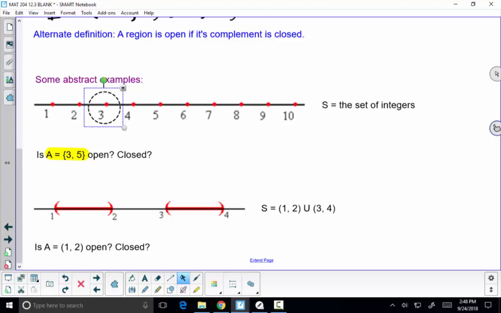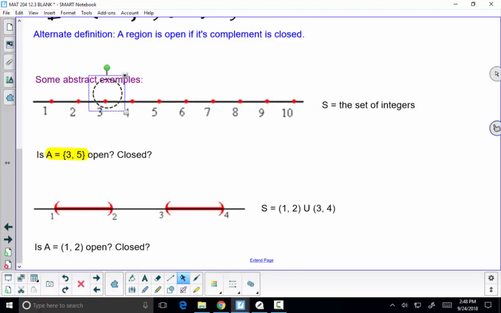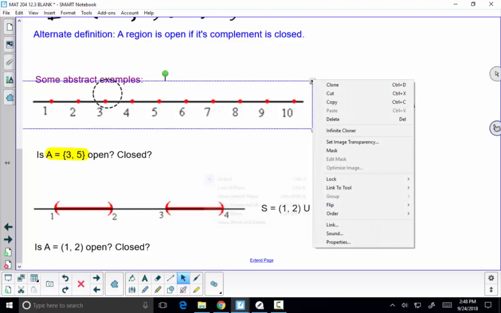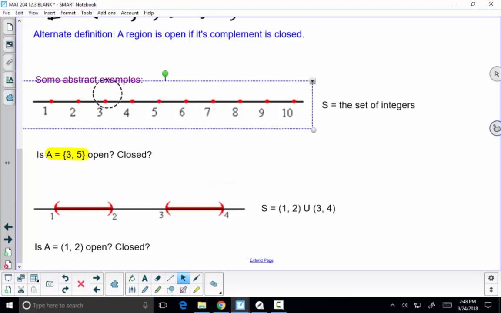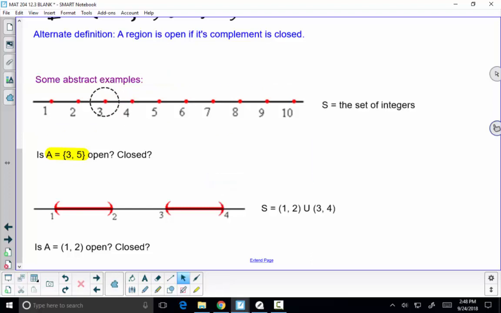You can imagine a bigger interval. So that interval contains that point that's in the subset and then a whole bunch of points that are not in the subset. Okay. Right? So if the ambient space is the real line, then 3 is a boundary point.